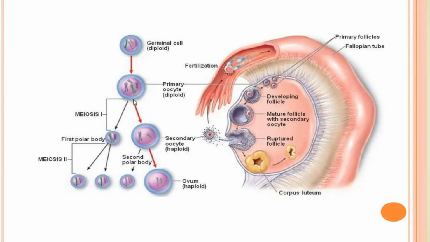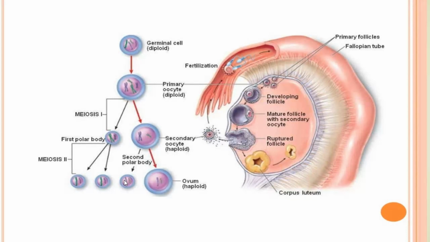Just remember that when the primary oocyte, which is diploid, enters meiosis 1, it will produce a secondary oocyte, which is a haploid. Secondary oocyte will then enter meiosis 2. When it enters meiosis 2, this secondary oocyte will produce an ovum, which is a haploid, meaning it has 23 chromosomes, and a second polar body.